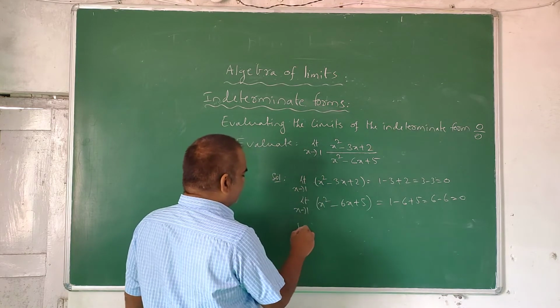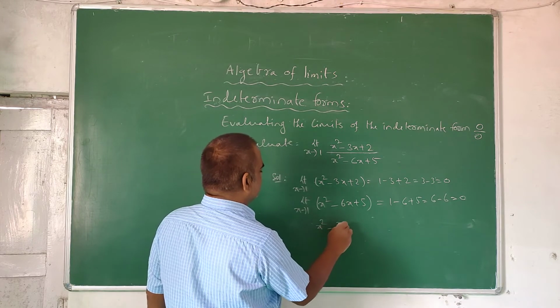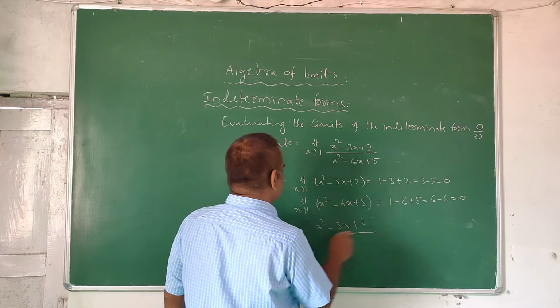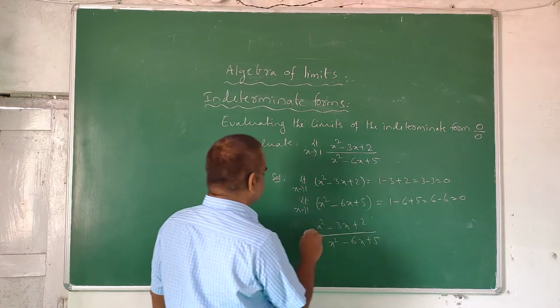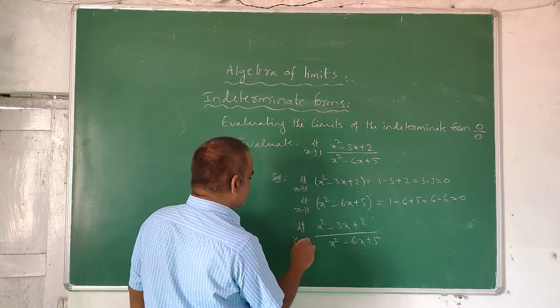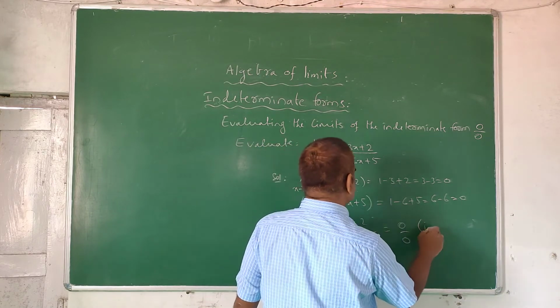So the limit of x square minus 3x plus 2 by x square minus 6x plus 5 as x tends to 1 would be equal to 0 by 0, which is indeterminate form.